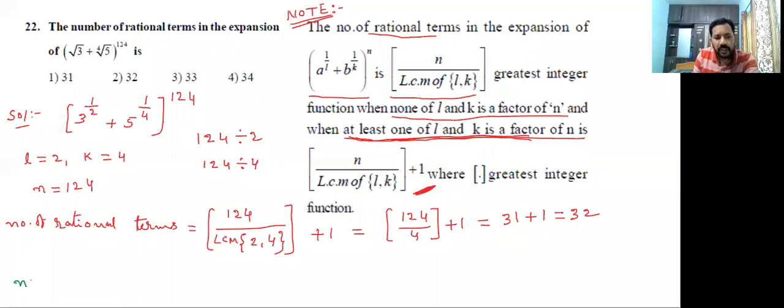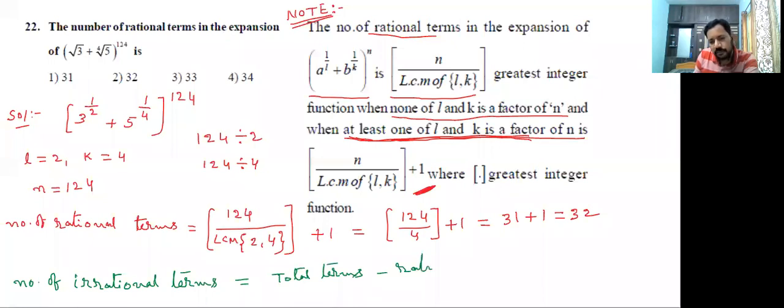But I am going to add one more condition: the number of irrational terms. The number of irrational terms means the total terms subtract the rational terms.